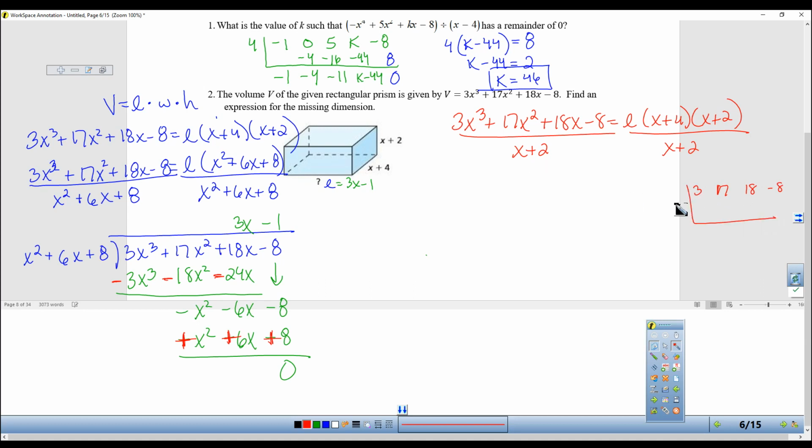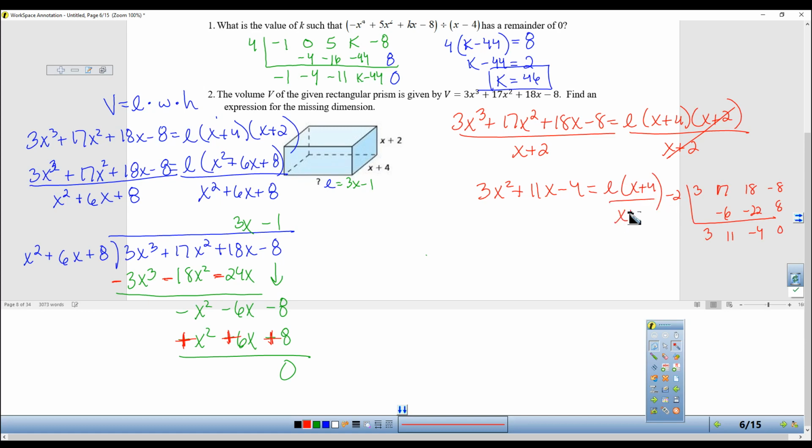I put my negative 2 in the box, add, multiply, add, multiply, add, multiply, add. So this division produces 3x squared plus 11x minus 4. And on this side, I'm left with length times x plus 4.